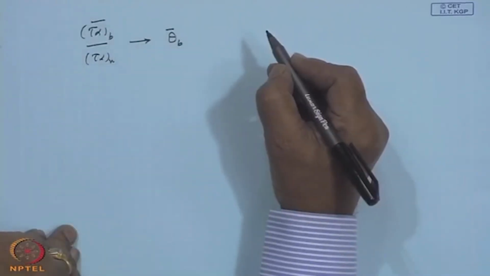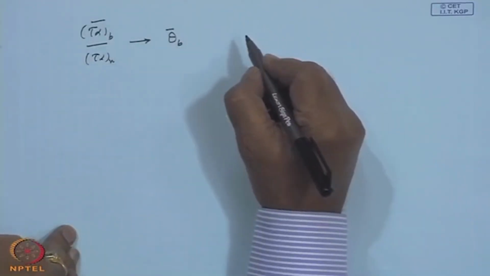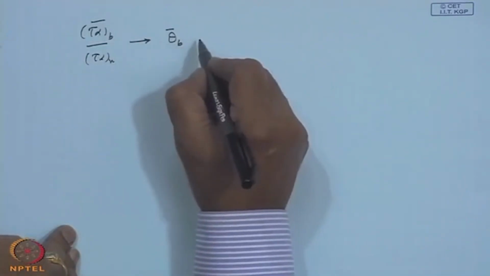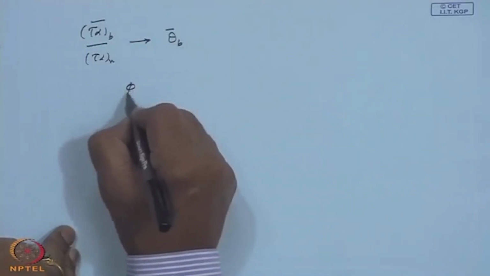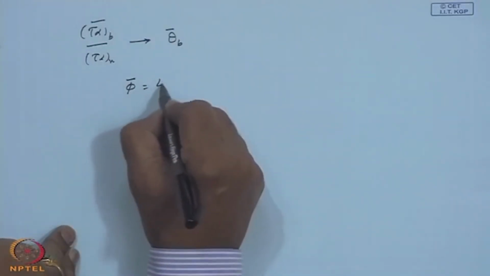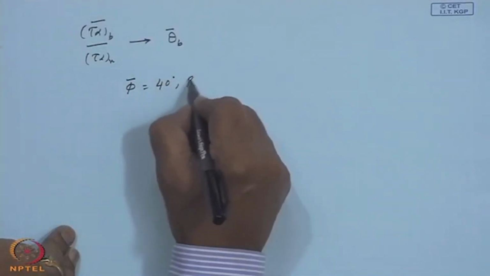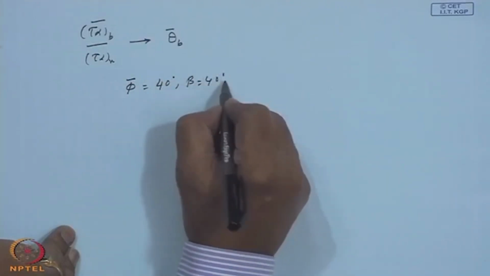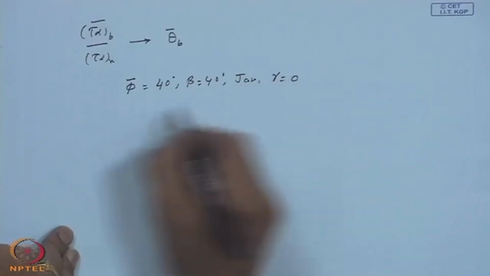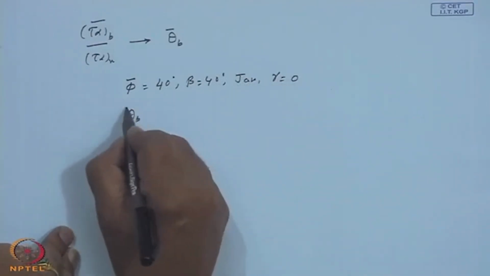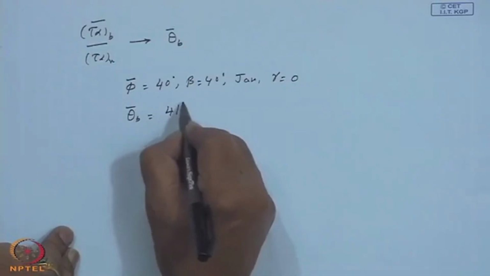That is the effective angle of incidence for the direct radiation, for which we have already demonstrated that there are charts. So from the charts I have picked up, for phi equal to 40 degrees, beta equal to 40 degrees, month of January, and gamma equal to 0, theta b bar is equal to 41 degrees.